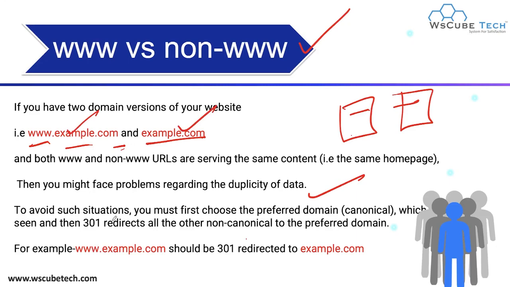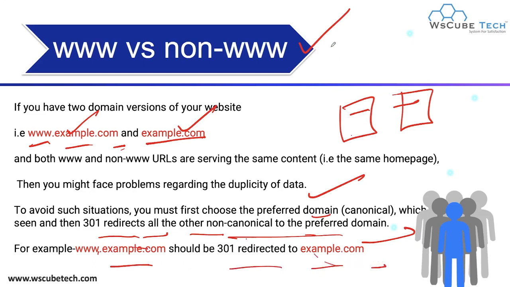So to avoid such a situation, you must first choose the preferred domain, that is your canonical, and then 301 redirect all the other non-canonical versions to the preferred domain. Example, this should be 301 redirected to this particular domain name here. So that's how you can fix this particular issue.